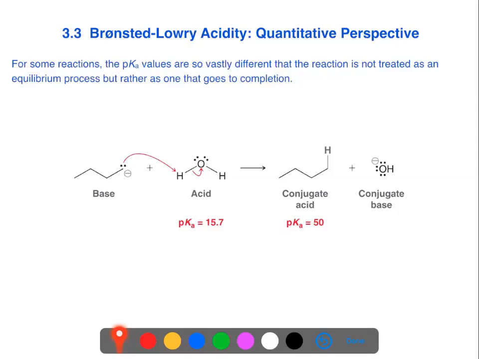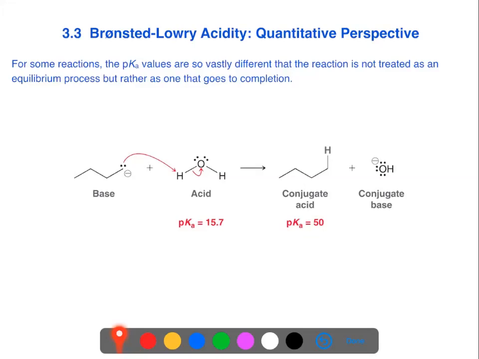In this example, we have some of the strongest bases that we know of, the conjugate base of some of the weakest acids, the alkanes. If this alkynide, as shown, reacts with a molecule of water, it's going to form one of the weakest acids we know of, the alkane.